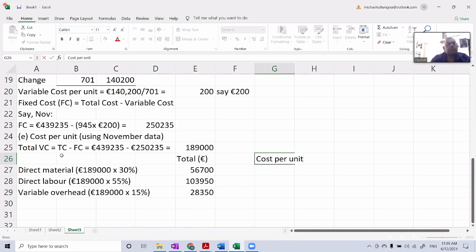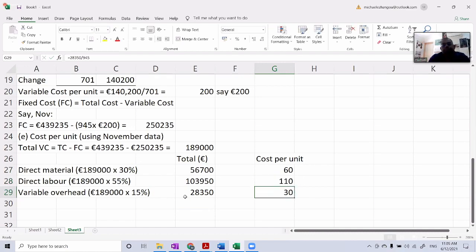Now, for November, the number of units you make is 945. So 28,350 divided by 945 is $30. Sorry.